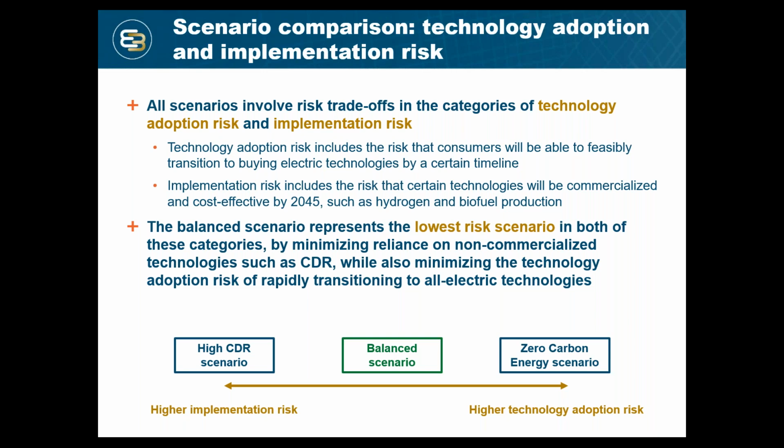It doesn't eliminate the need for CDR entirely, but there's a higher technology adoption risk there because it entails faster and earlier electrification, as well as reliance on less commercialized carbon mitigation strategies. So the balanced scenario is somewhere in between those two bookend scenarios in terms of implementation risk of CDR and technology adoption risk in terms of direct carbon mitigation strategies.